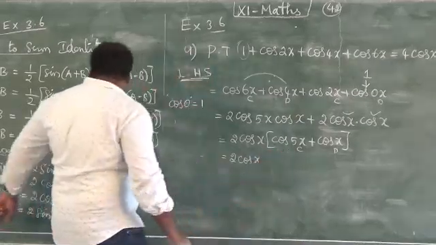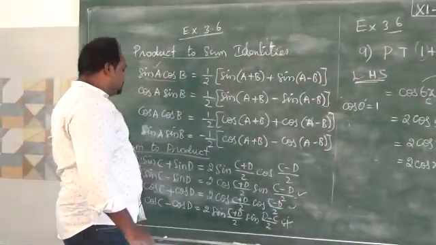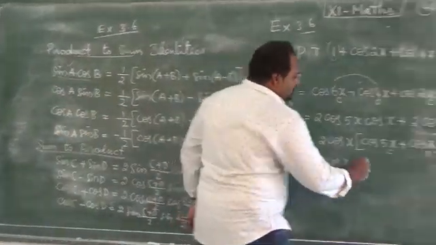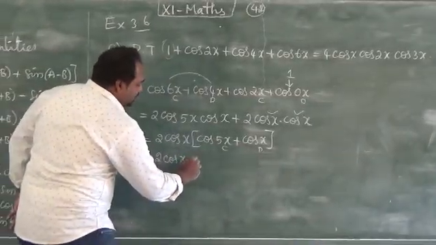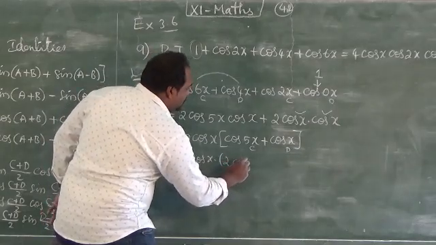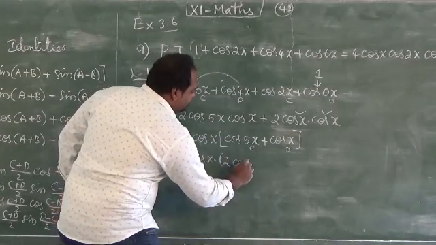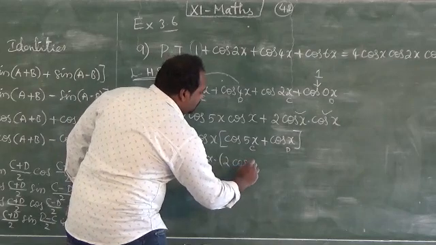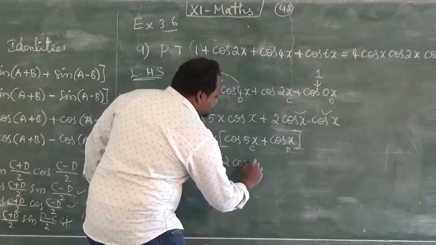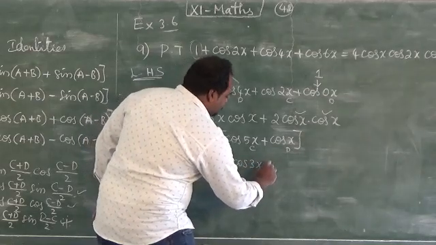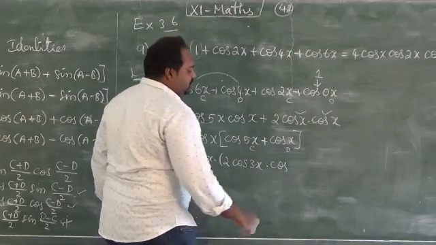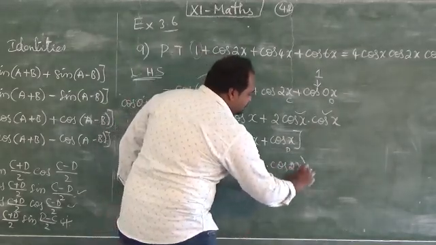Again I can go for the sum to product, and you will get the product values. So cos C plus cos D, same identity: 2 cos of (C plus D) by 2, 6x by 2 is 3x, into cos of (5x minus x), 4x by 2 is 2x.